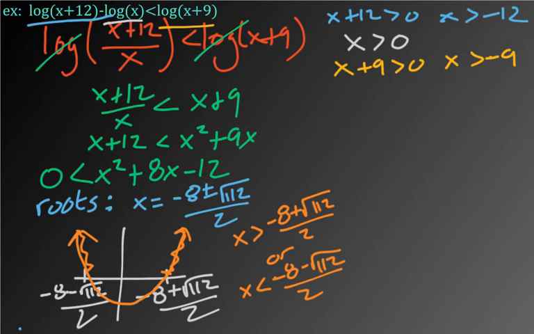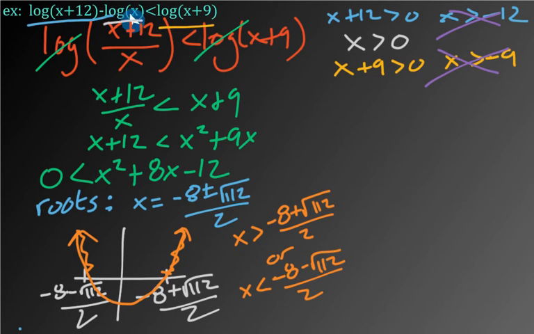So one thing I'm seeing when I compare these two is you need x to be bigger than 0, which really means we can throw out these two. Because if you plug in, say, negative 8, it works in there. Negative 8 is bigger than negative 9. And if you plug it in here, it's going to be fine in there, and it's also going to be fine in there.